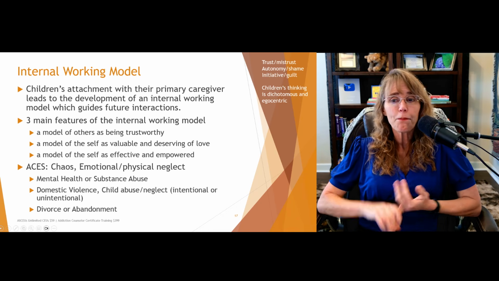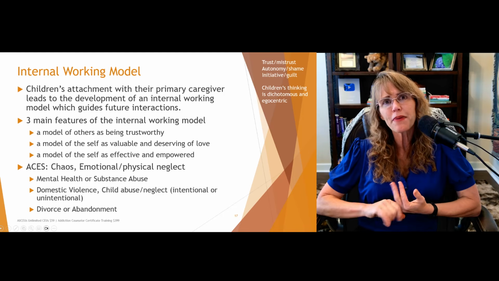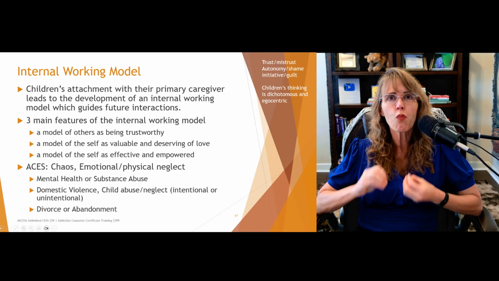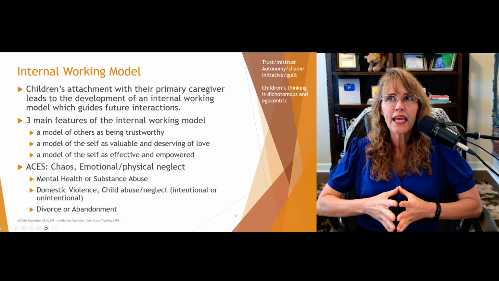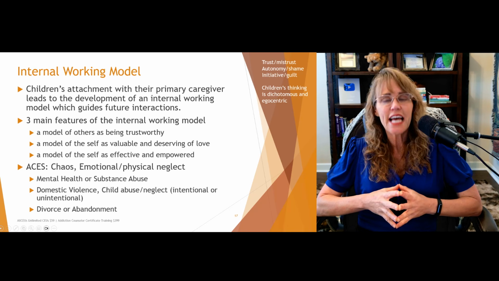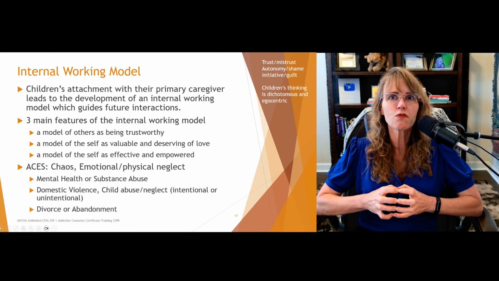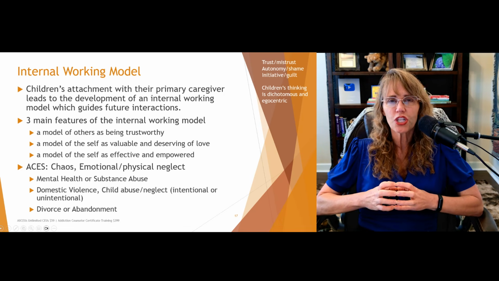If there is abuse or neglect, and neglect, as I mentioned earlier, can be unintentional. A very well-meaning parent may unintentionally fail to meet the child's needs because they just don't understand what the child's needs are.